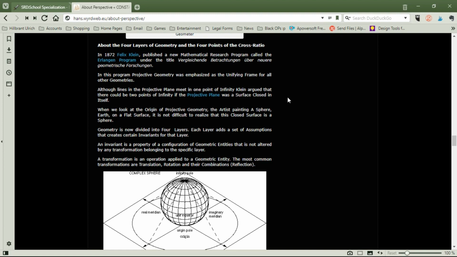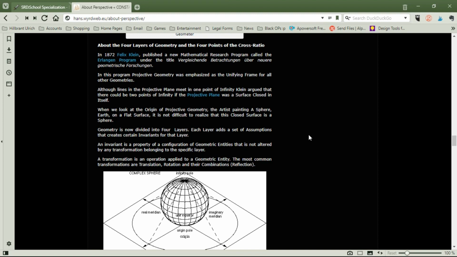When we look at the origin of projective geometry, the artist painting a sphere, Earth, on a flat surface, it is not difficult to realize that this closed surface is a sphere.